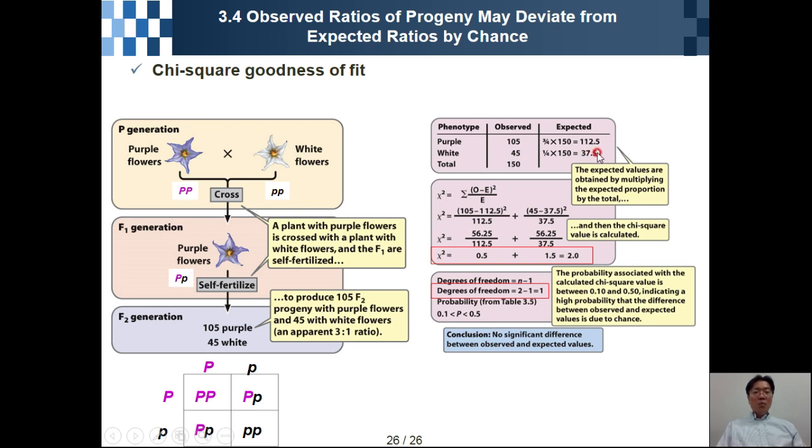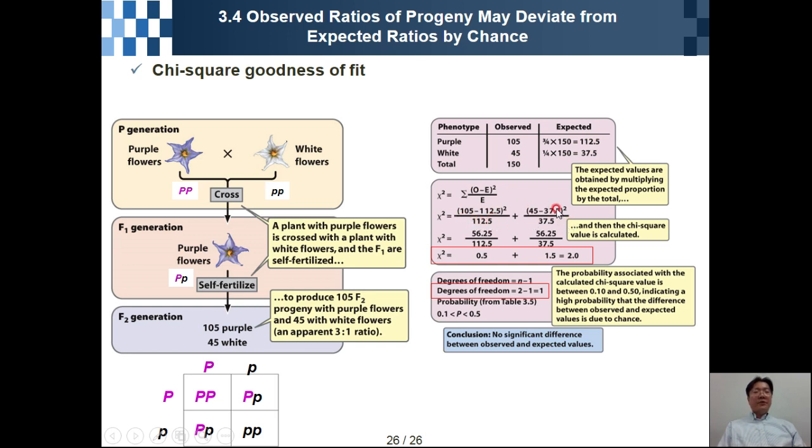So now we will calculate the chi-square goodness of fit. One term: the observed value is 105 and the expected value is 112.5, so (105 minus 112.5) squared, divided by 112.5.